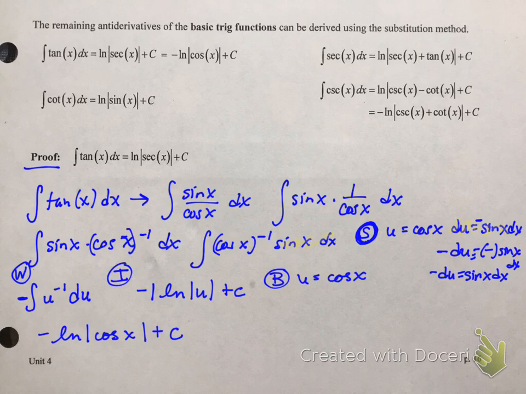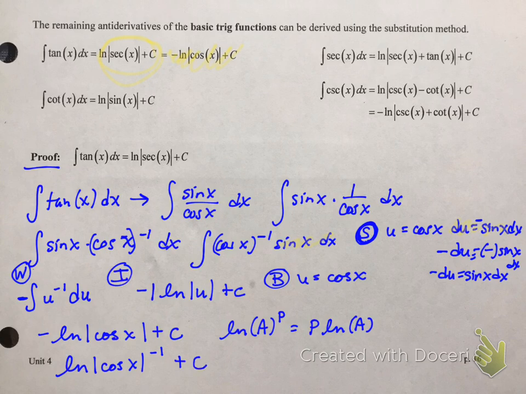You might be saying, that's great, you're showing me that this piece is true up here. How about this piece right here, the ln of secant x plus c? Hopefully you remember your logarithm rules. Remember that ln of a raised to the p power is equivalent to p times ln of a. If I do that, I can rewrite this as ln of cosine x raised to the negative 1 power, plus c.